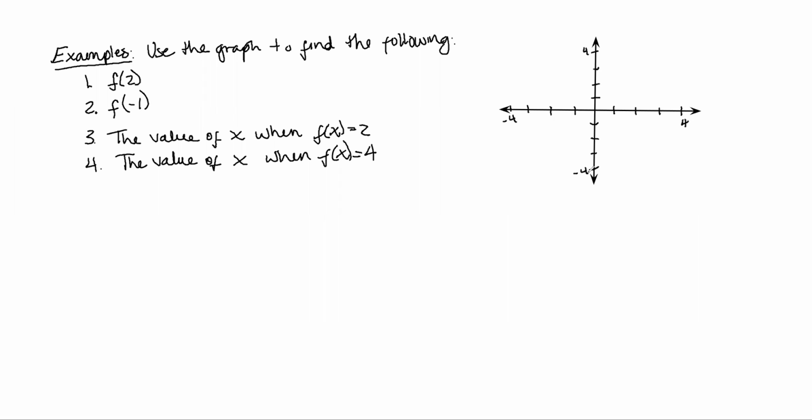Okay, and now we're given the points -1, 0. So over here, 0, 1, 1, 2. Let me label these guys really fast.